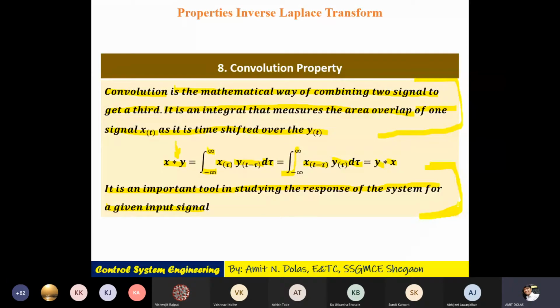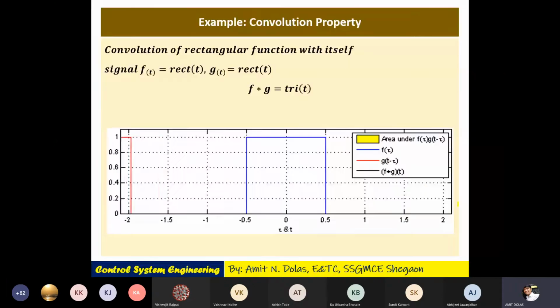I have used a very short example after this slide, wherein there is a GIF image I have taken from a certain site, in which a rectangular waveform is convolved with a rectangular waveform itself. So you can see here the convolution of a rectangular function with itself. Signal f of t is rectangular t, another signal g of t is rectangular t, and I have convolved them. Forget about the mathematical operations here. If I convolve a rectangular waveform with a rectangular waveform, its output is triangular.